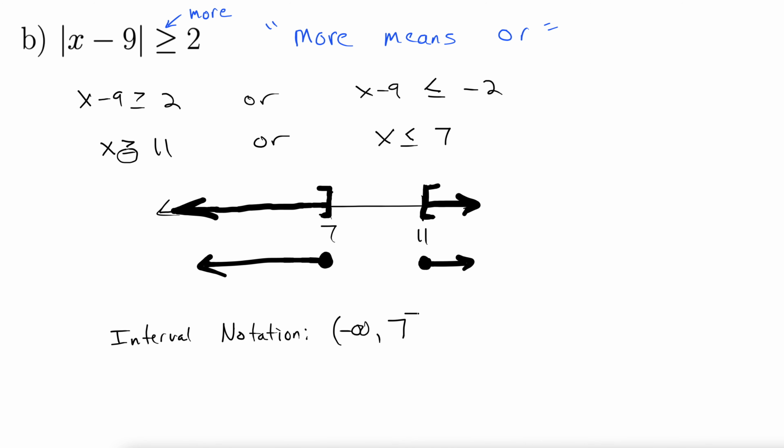Then we included 7, so that gets the hard bracket. Then we jumped over some stuff, and we used the union symbol for that. We started again at 11, going from left to right, and continued off to positive infinity, which gets a soft parenthesis, because we never actually get to infinity. And there we have it. There's our interval notation.